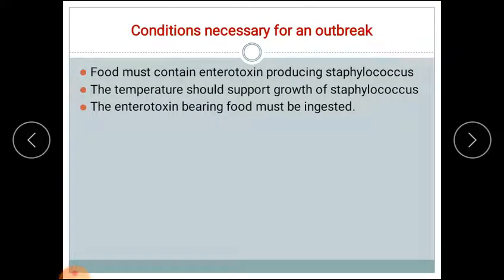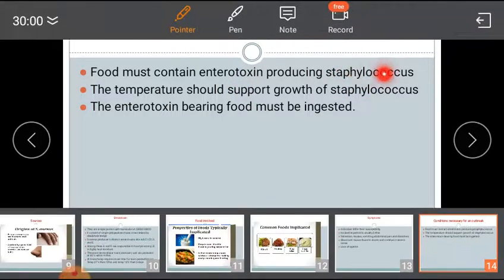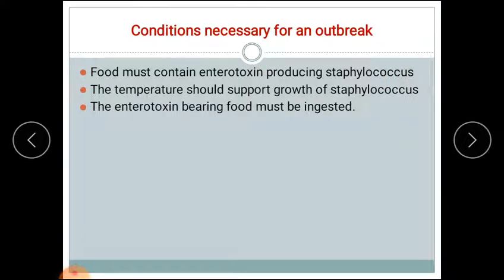Next is, when a food is said to cause food poisoning, means how the chance of the disease occurring arises. That is the condition necessary for outbreak. Outbreak of what? Disease. When is this disease going to occur? When the food contains enterotoxin producing staphylococcus. Means the food should contain staphylococcus and it should produce the enterotoxin.